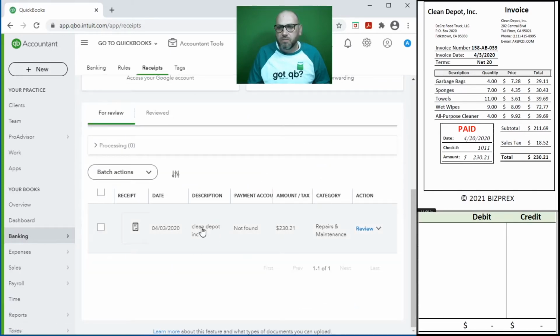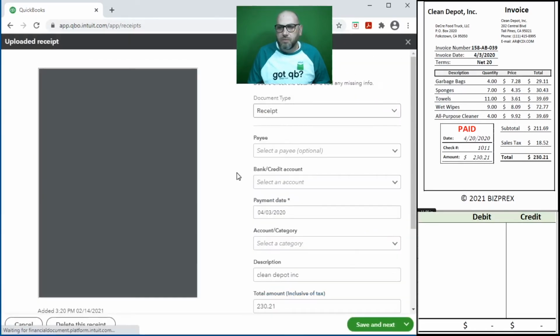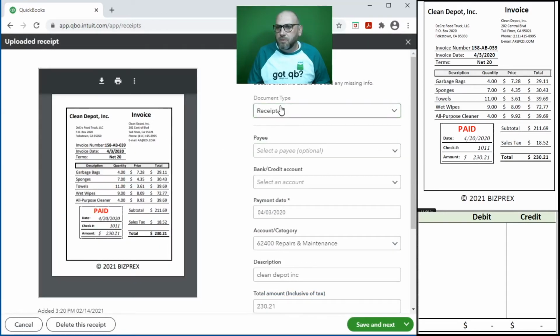Okay, here it is. Let's review it. All right, we're booking it as a receipt, right? Remember, we're bypassing accounts payable account. In May simulation, we will use accounts payable account, and we'll show the debits and credits behind it. Okay, so again, PE, clean typo.